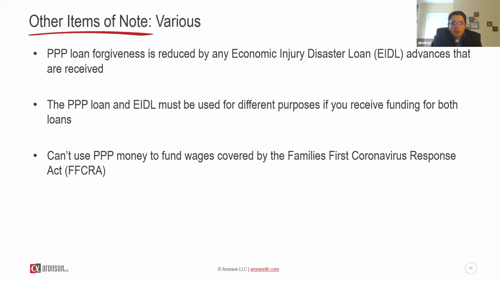That was an act put in place to give employers tax credit incentives for paying people that are out sick because of coronavirus, or can't come to work because they're home caring for their family that's either sick, or kids that can't go to school or daycare. So again, they don't want you using PPP money to fund stuff that's effectively eligible for tax credits. So no double dipping.